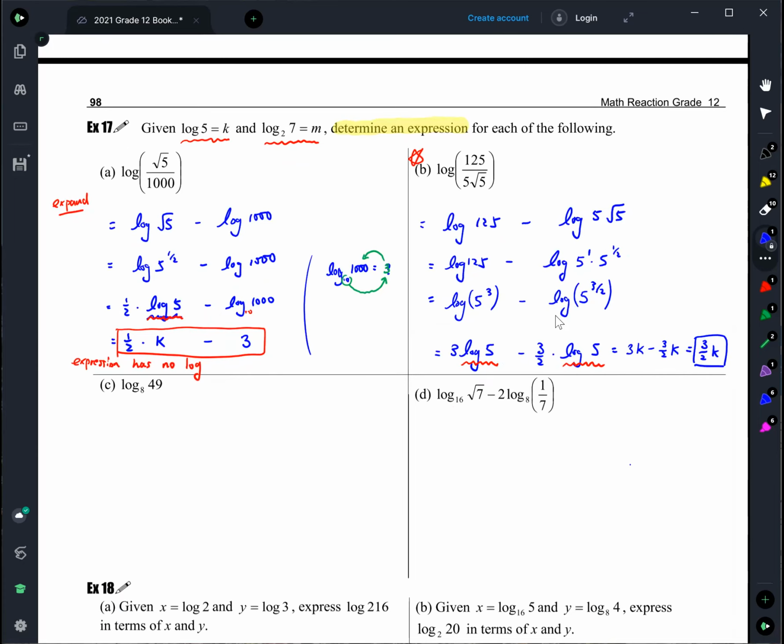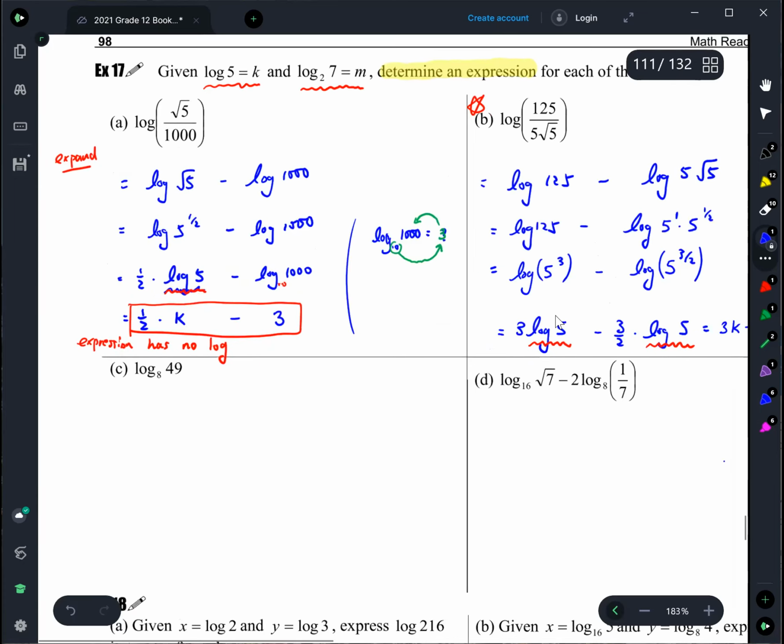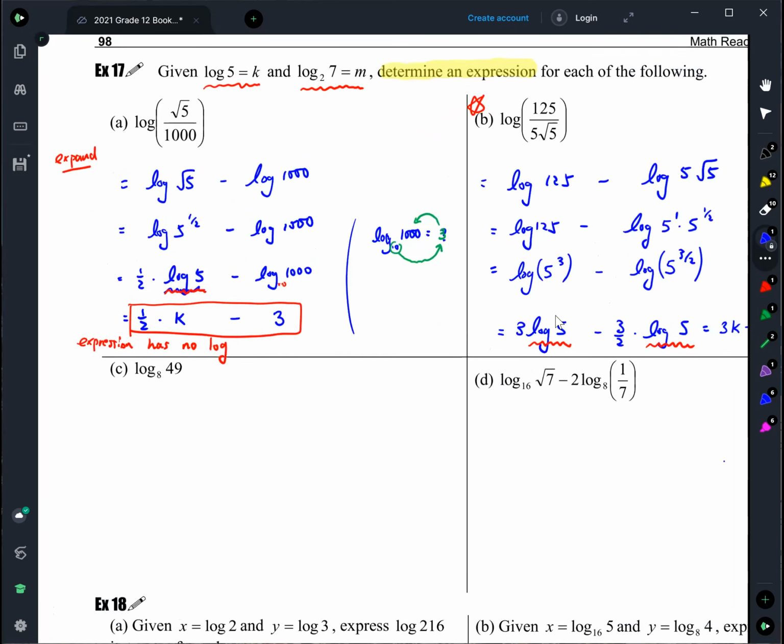Okay, so look at question C now. Question C has log base of 8, right? And the inside number is a 49. So does it have to do with k or the n? What do you think, Chris? Pardon?